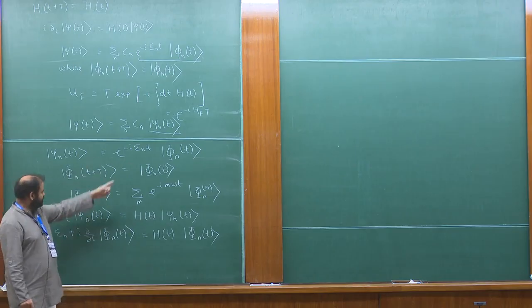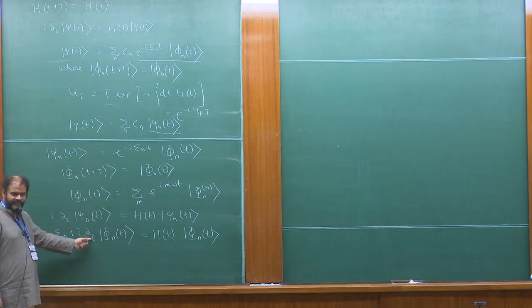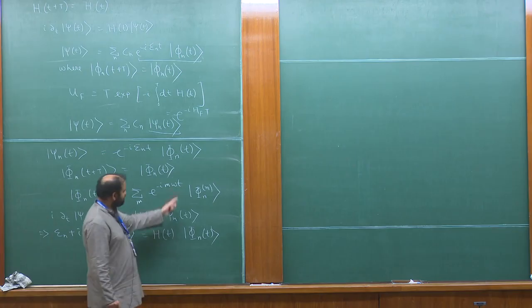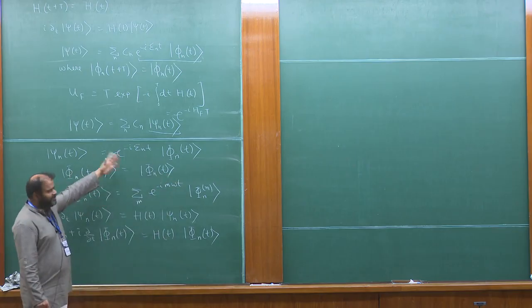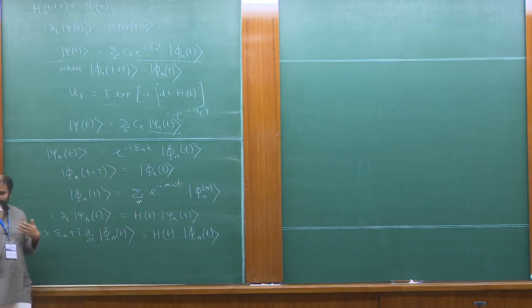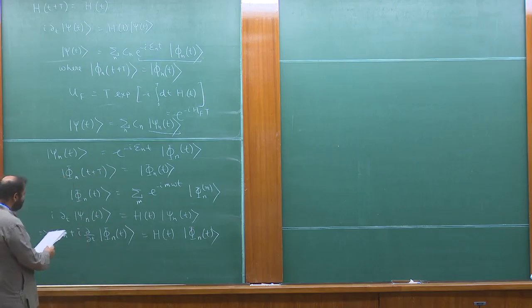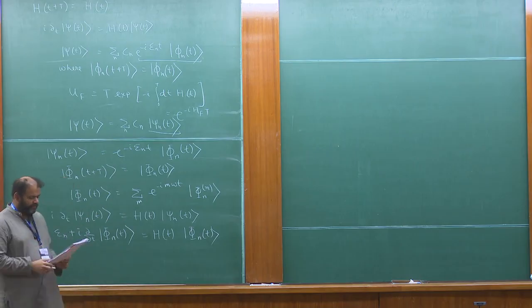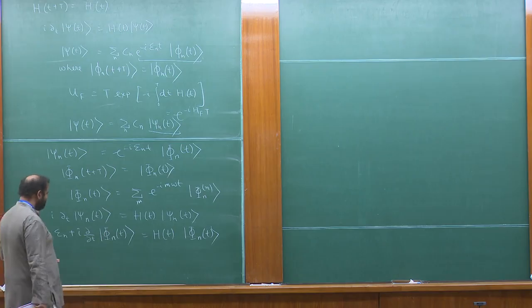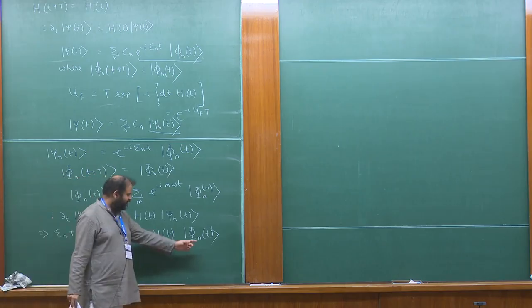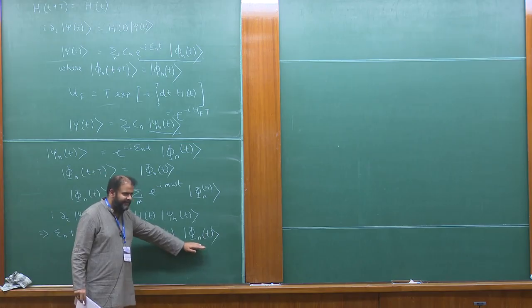So the first derivative gave me this, then I put this inside. This is H t, and what I have done is taken e to the power minus i En t common on both sides and cancelled it out. Right? So one thing that you see is that these phi n t's, right?